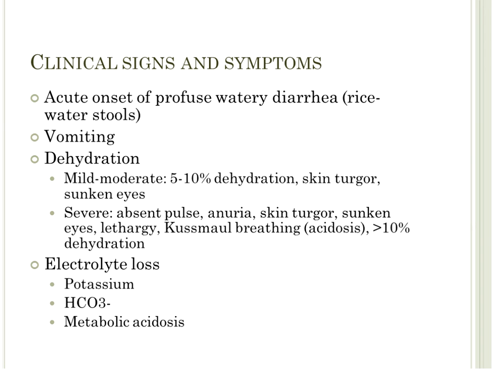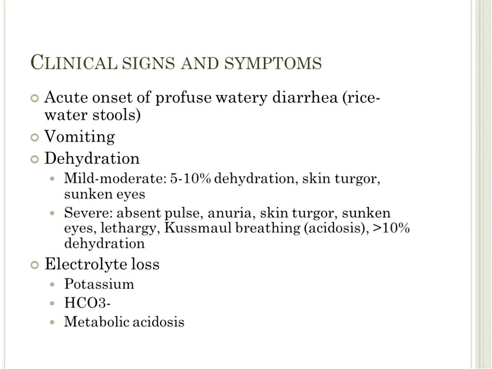So for those with mild to moderate dehydration, you have sunken eyes, decreased skin turgor, and you only have about 5 to 10% dehydration. For those with severe dehydration, it is more severe with decreased skin turgor, sunken eyes, you get lethargy, anuria, which is basically inability to produce urine, an absent pulse, but also because of acidosis, you have something called Kussmaul breathing.